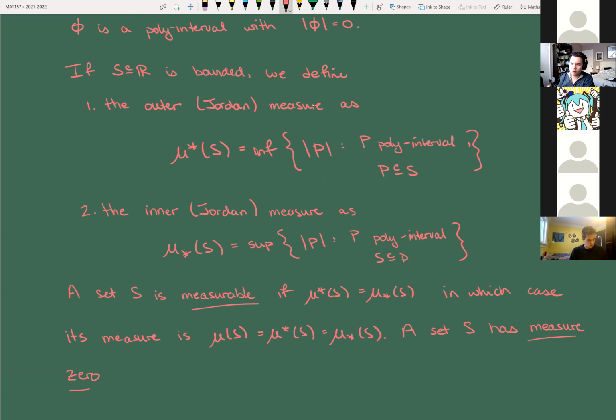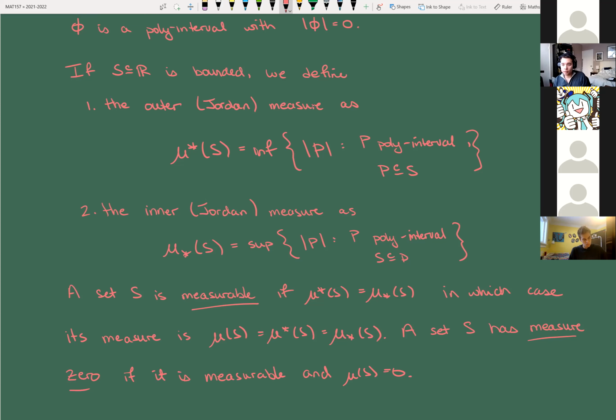I feel like if I recall, measure 0 sounds weird the first couple times you say it, but it eventually grows on you. Has measure 0 if it is measurable and its measure is 0. Okay. So again, should have some sort of feeling like integration, sort of.